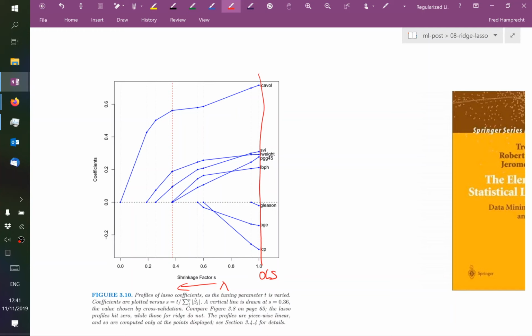And if we look more closely, we see, and it can also be proven, that these changes are piecewise linear. Because they're piecewise linear, we only need to compute this for values of lambda where one of the coefficients becomes 0. And we can even compute when it will become 0. So we can start from the ordinary least squares solution.